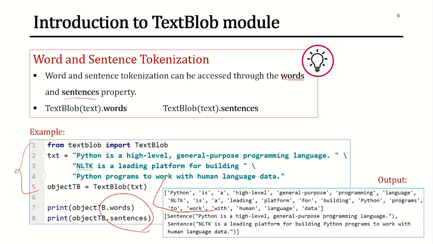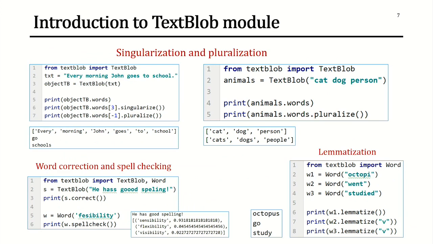As we see in this part, this is obtained using the object.words property, and we have the list of sentences which is obtained by the object.sentences property.